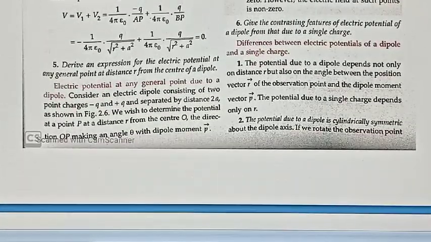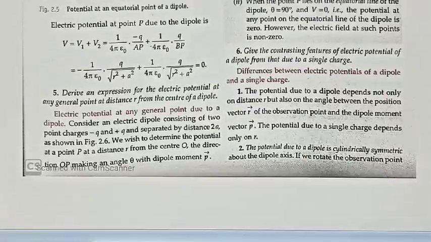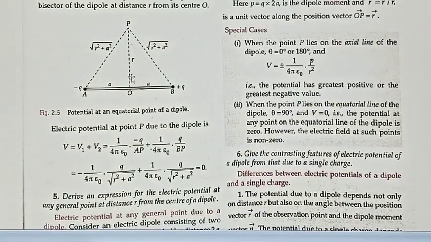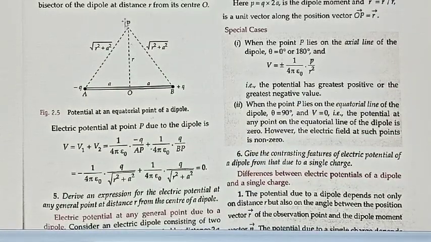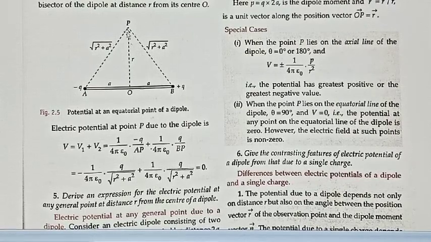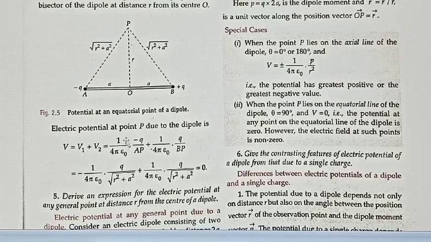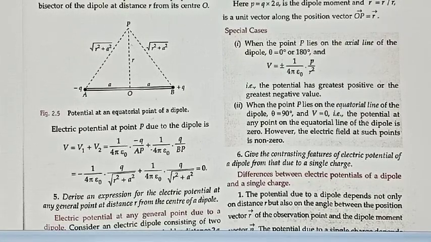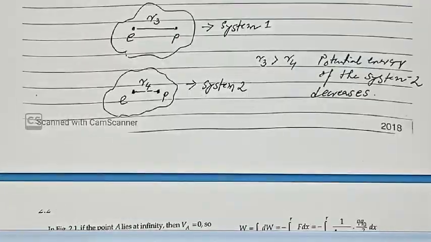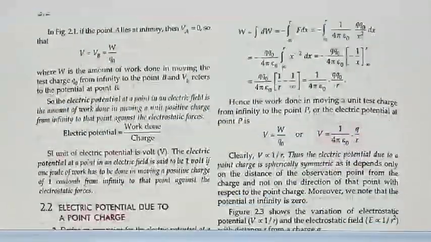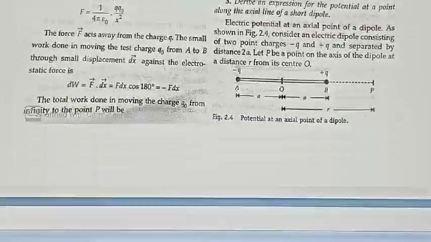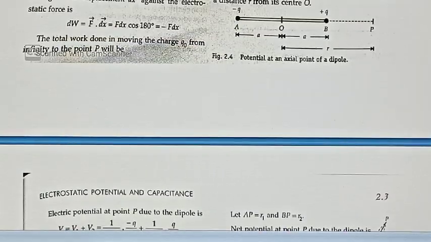Now you see here, the angle between the equatorial line, the line on which P is considered, and the dipole axis is 90 degrees, and in the first case it can be 0 or 180 degrees.